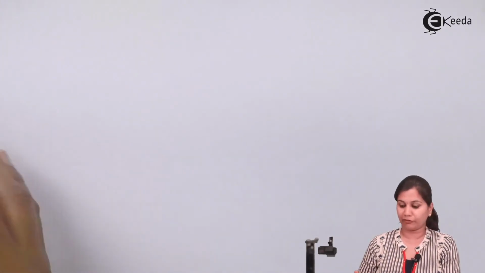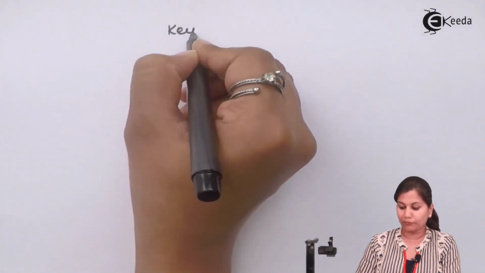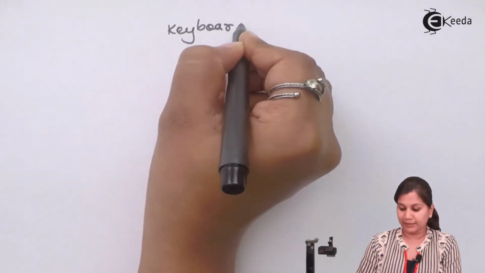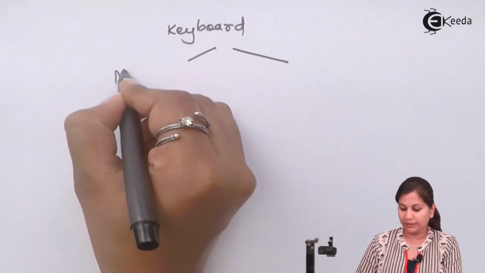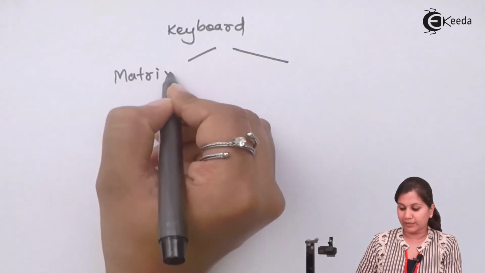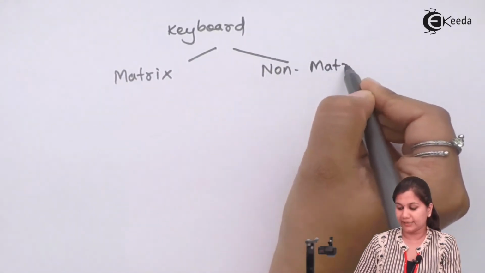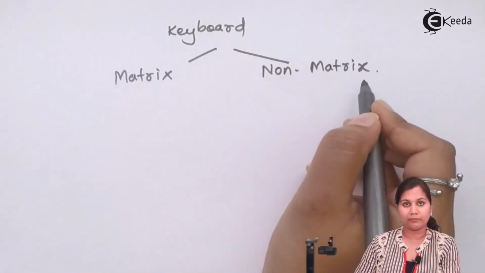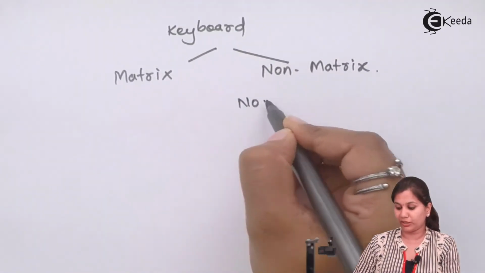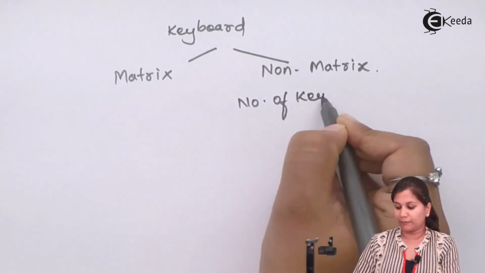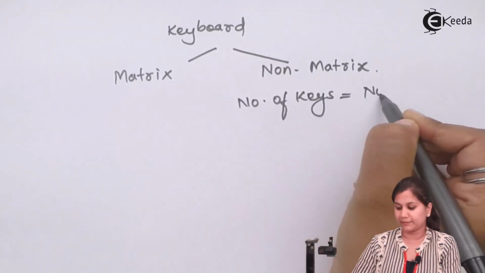So in this video we have seen interfacing a keyboard with 8051. Keyboards can be of two types: matrix keyboard and non-matrix keyboard. In a matrix keyboard we have seen that the requirement of lines is reduced, whereas in the non-matrix type the number of keys is equal to the number of input lines.